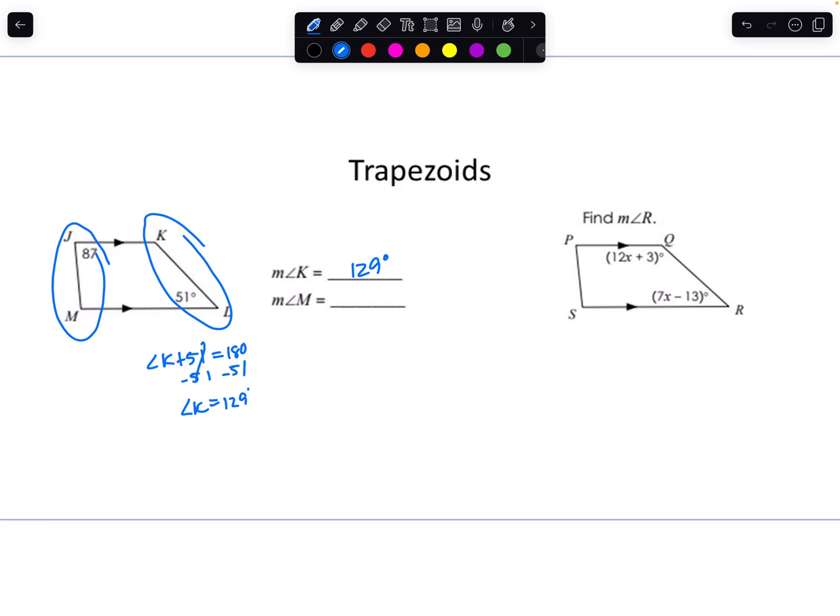Now, similarly, I can do angle M. I know that angle J, which is 87 degrees, plus angle M should also equal 180 degrees. And when I move 87 to the other side, to isolate angle M, I get 180 minus 87, which is 93 degrees.